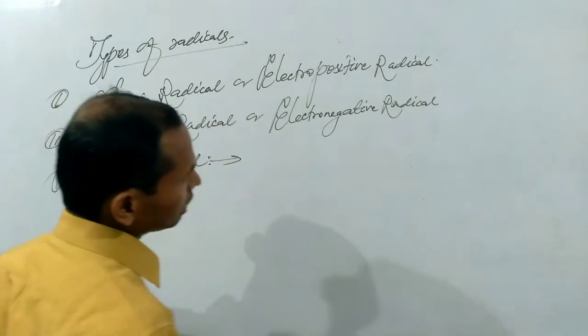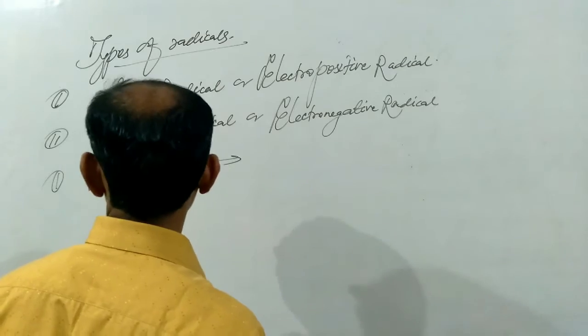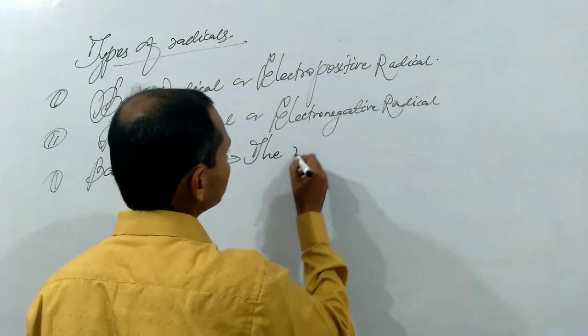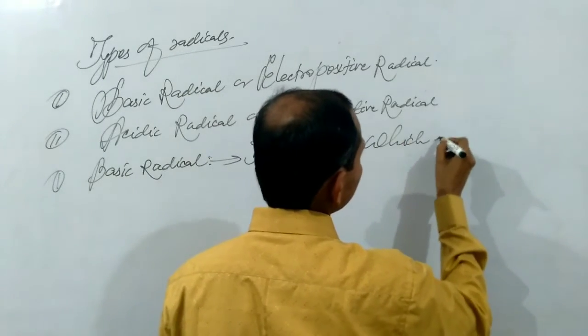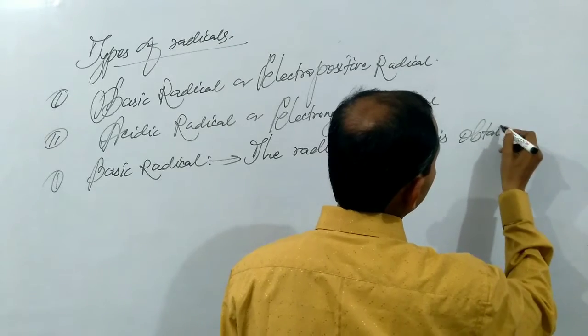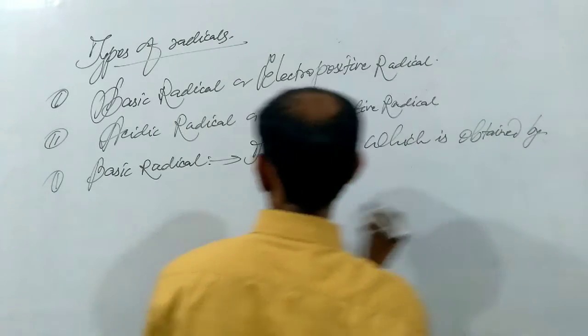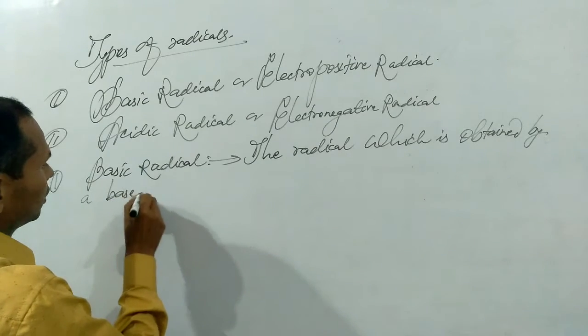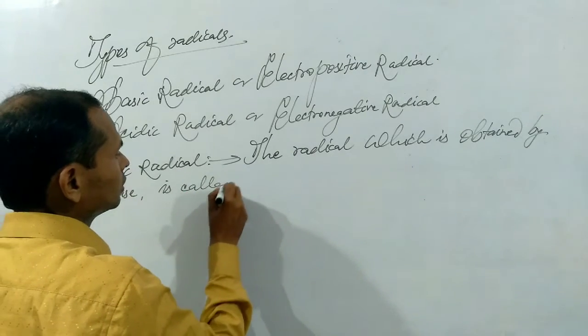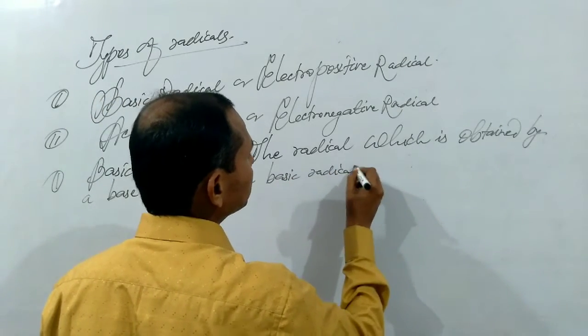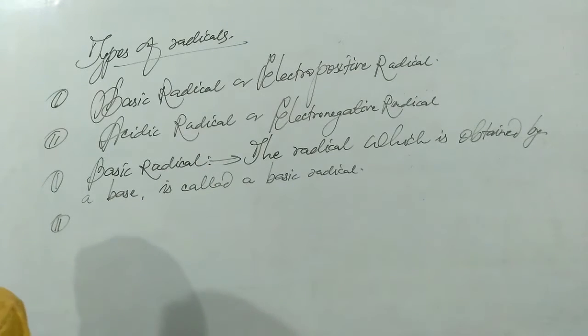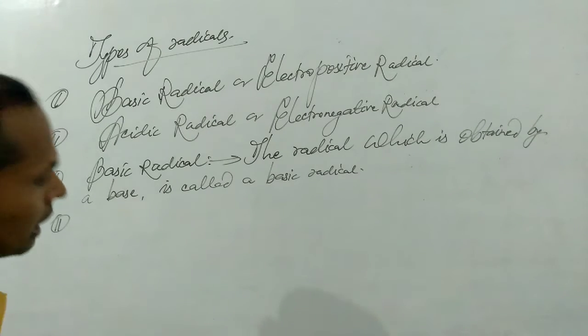We can write the definition of this radical in this way: the radical which is obtained from a base is called a basic radical. Similarly, the radical which is obtained from an acid is called an acidic radical.